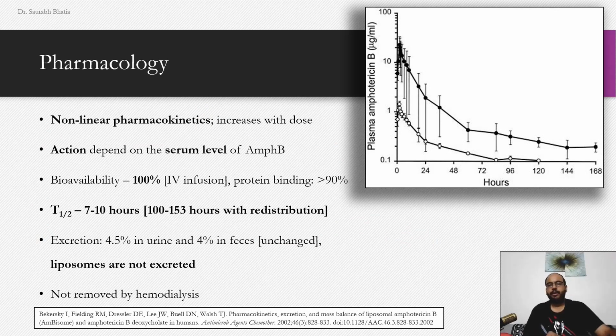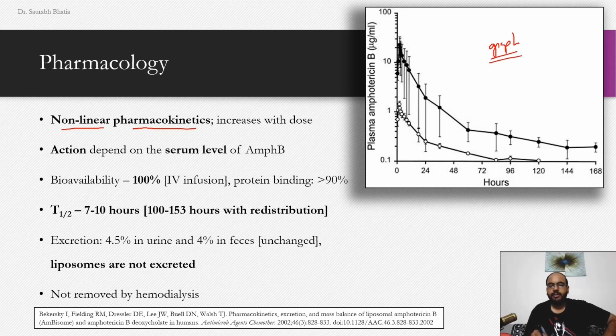Now, regarding the pharmacology of amphotericin B, it's somewhat interesting. Amphotericin B does not show linear pharmacokinetics. It shows non-linear kinetics because the level of drug in the system increases with increasing doses, and the activity depends on the plasma concentration of amphotericin B. Let me show you this graph, and then you'll understand it more easily.